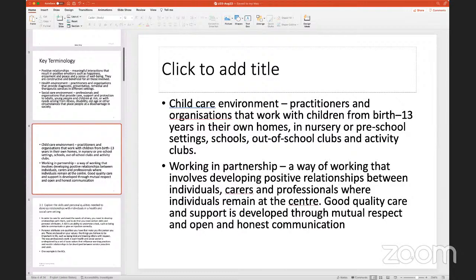Now, one of the other things which comes across as a key word in the learning outcome and the assessment criteria is what is called the concept of partnerships. When we talk about the concept of partnerships, what we talk about here would be, let me put it this way, how do people work together to be able to deliver care to individuals within the sector?